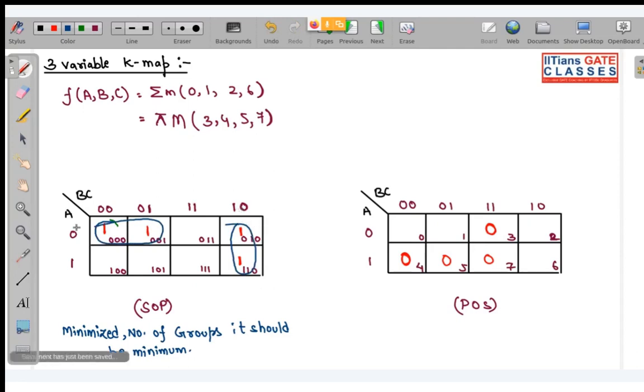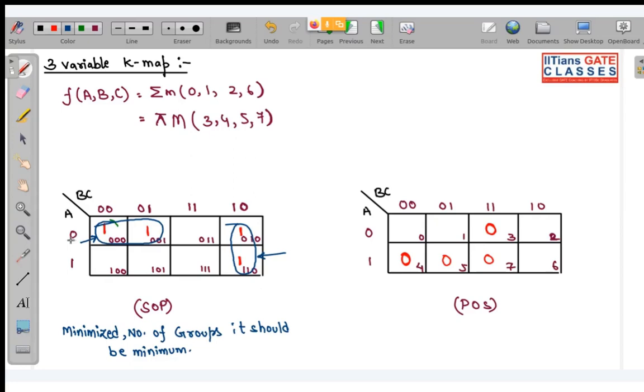Now look how I am going to write the SOP expression. Look very, very carefully. This will constitute one of the minimized SOP terms, and this will give another minimized SOP term. So look how I will write this in SOP form.